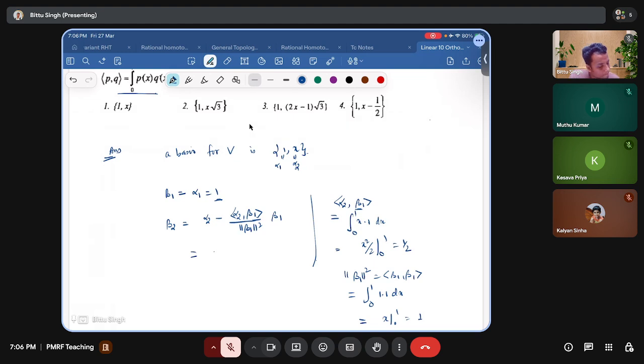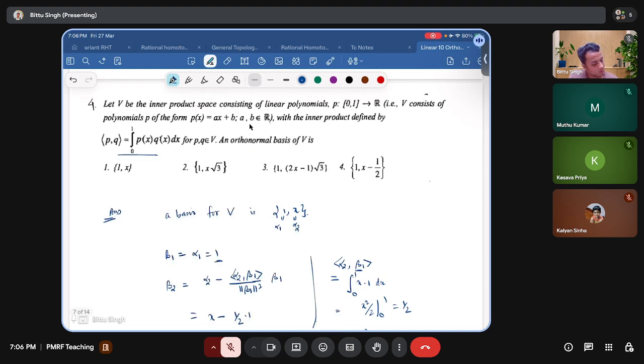So x minus alpha 2 inner product beta 1, which is half, by norm beta 1 square, which is 1. So we need to subtract this half. So x minus half. Therefore, you can see that this is the correct answer.